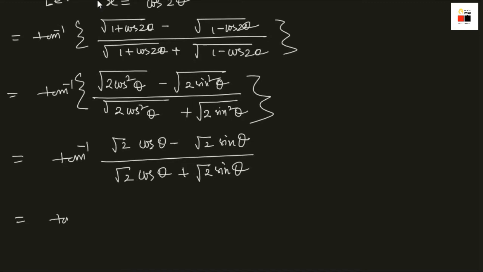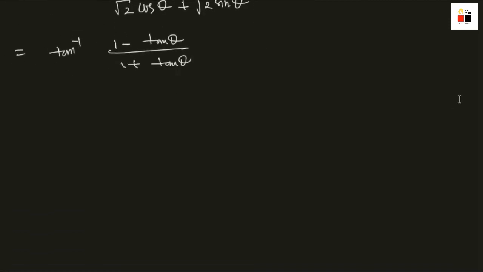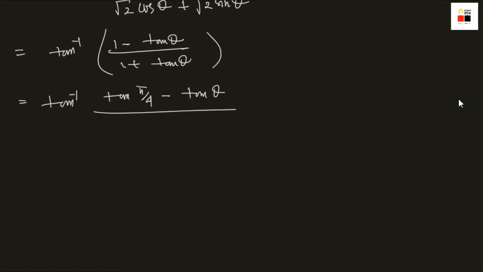This is equal to tan inverse of 1 minus tan theta divided by 1 plus tan theta, equal to tan inverse of tan pi by 4 minus tan theta divided by 1 plus tan pi by 4 into tan theta.